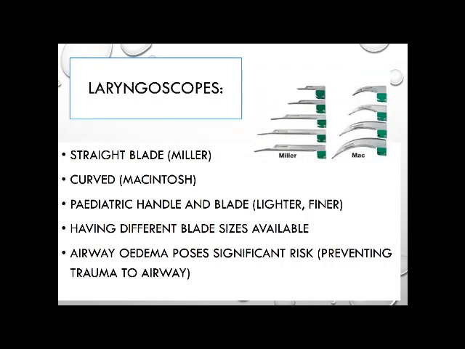There's a wide range of laryngoscopes available. They may be preferred Miller straight blades or Macintosh curved blades, and the pediatric laryngoscopes are usually lighter and finer. The smaller diameter of the handle would assist the clinician to visualize the airway better, and it's also recommended to have different sizes and different types of blades available.